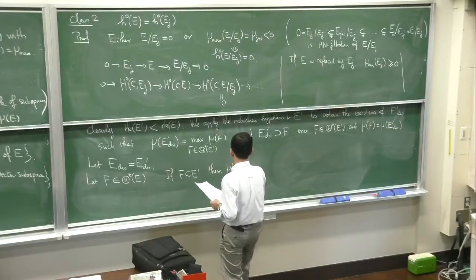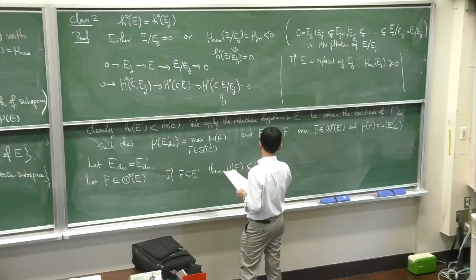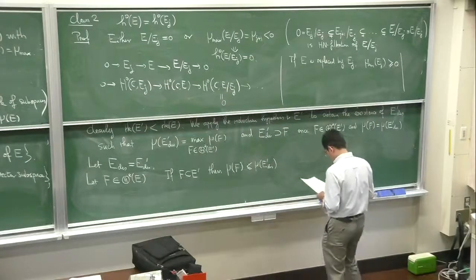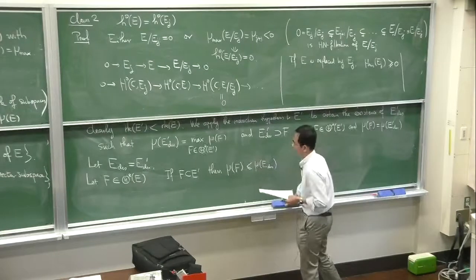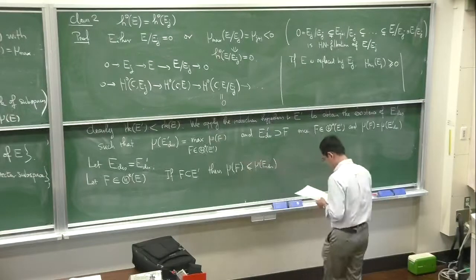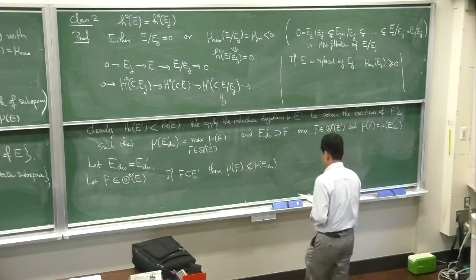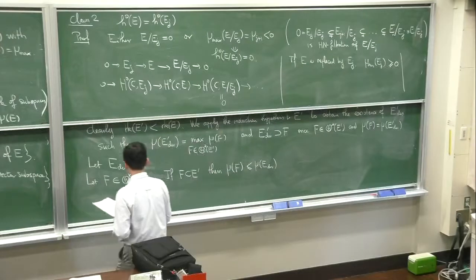So by the induction hypothesis, mu of f is bounded by mu of E prime ds, which is E ds. So maybe I can remove prime because that's defined as this. So you have directed this inequality.